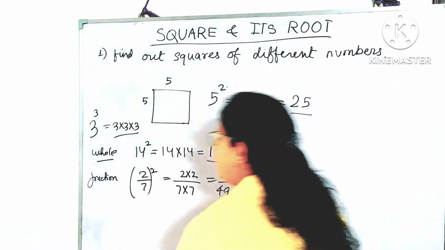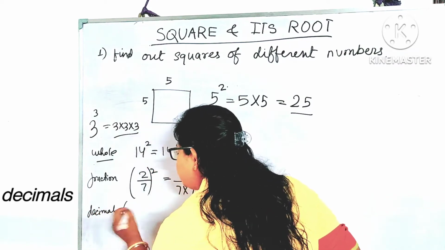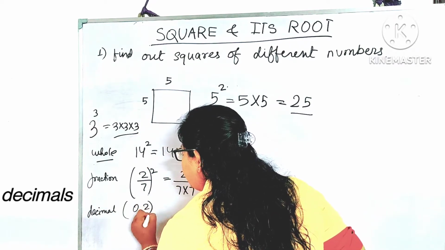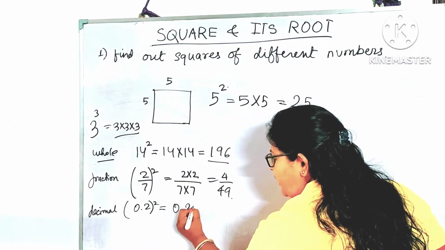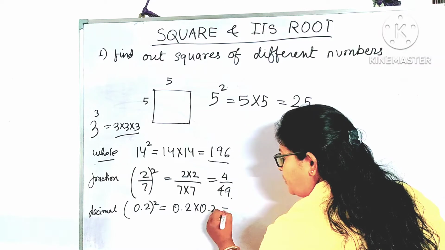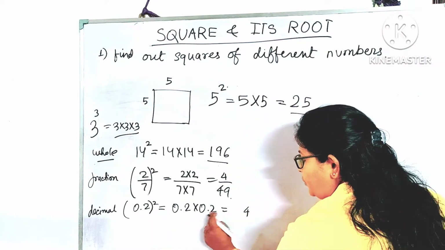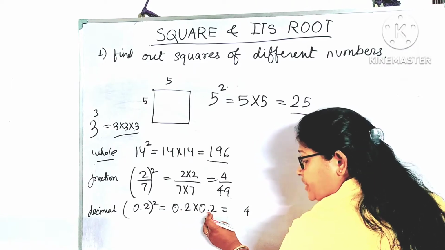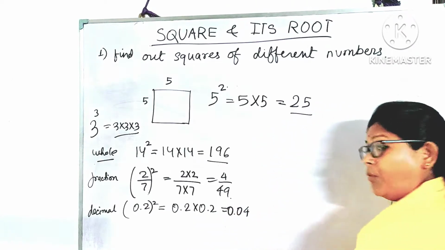Clear? In case of a decimal, it's also the same process. 0.2 square. In this case, I will write 0.2 into 0.2. Twice multiplication, it will become 4. 2 twos are 4, and addition of the decimals will make this 0.04.